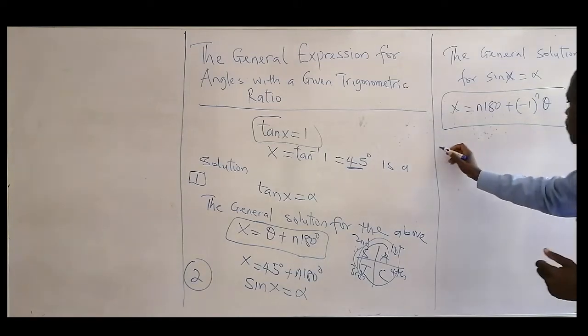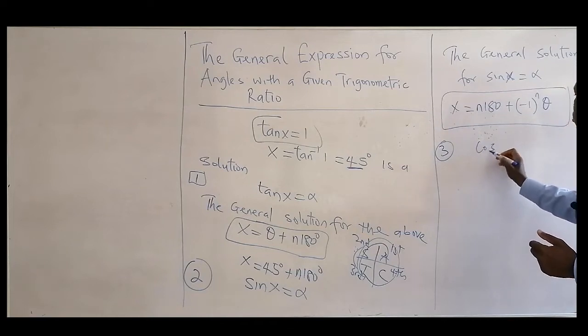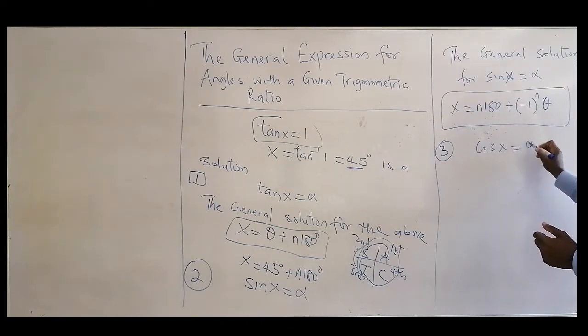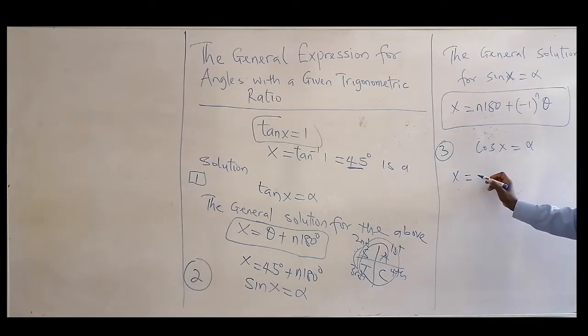Then the third one, let's say for cos x equal to alpha. The general solution for cosine will be x equal to 360n plus or minus theta. You can express this in radians.